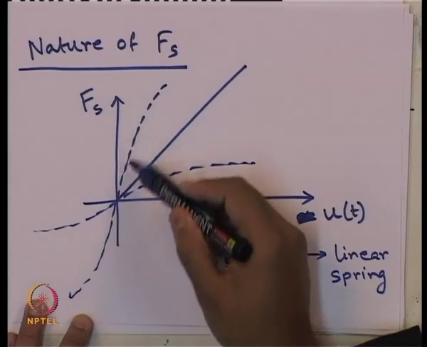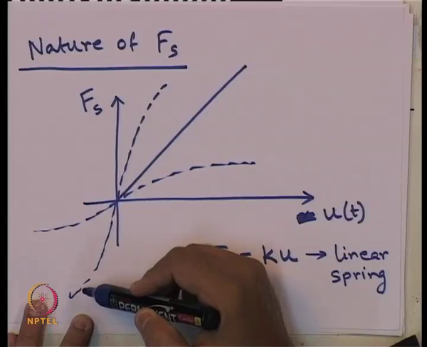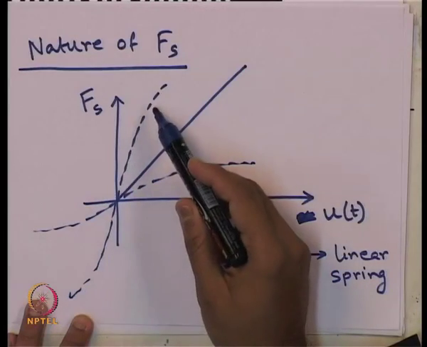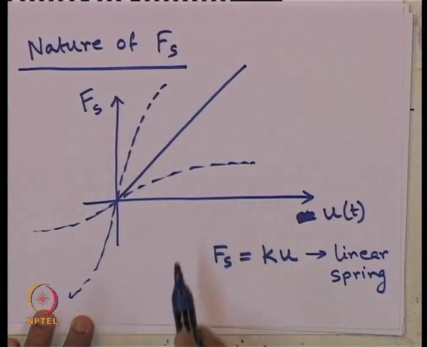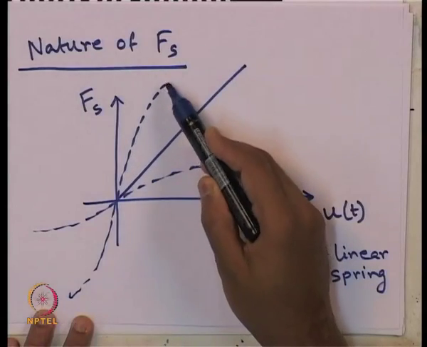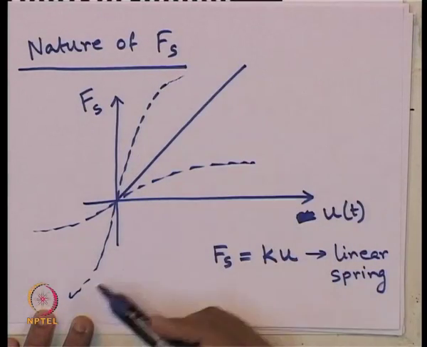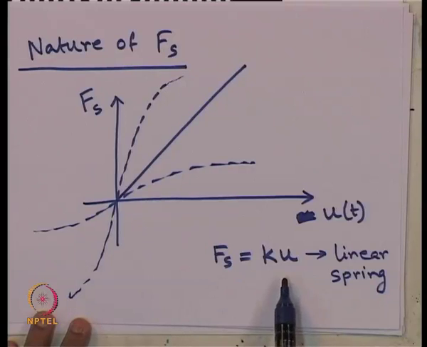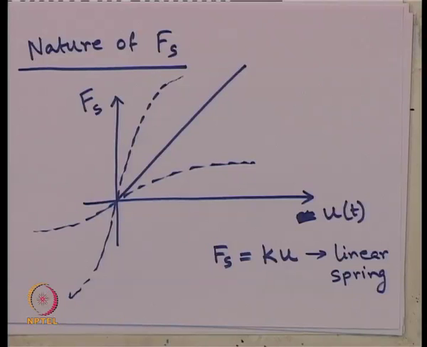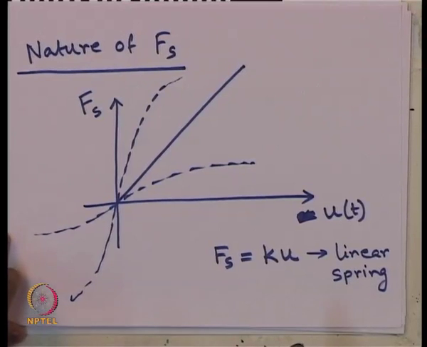This is the hardening effect, mostly considered for beams, rigid beams. So, the force displacement relation need not necessarily be linear, but can be curvilinear in nature. In that case, the relation F s equals k times u does not hold good. So, we have to be careful when using these expressions for forces. The spring force equals k of u is valid only if we are considering a linear spring.